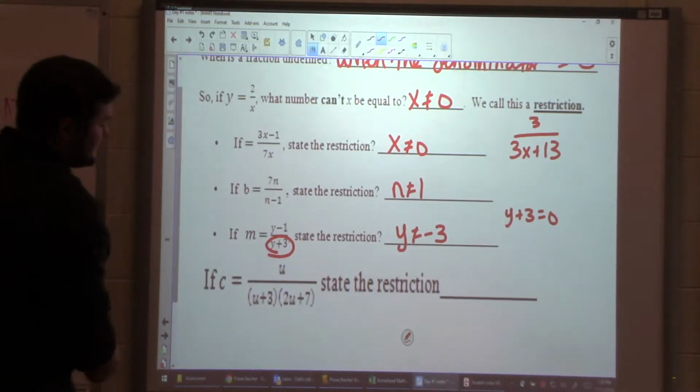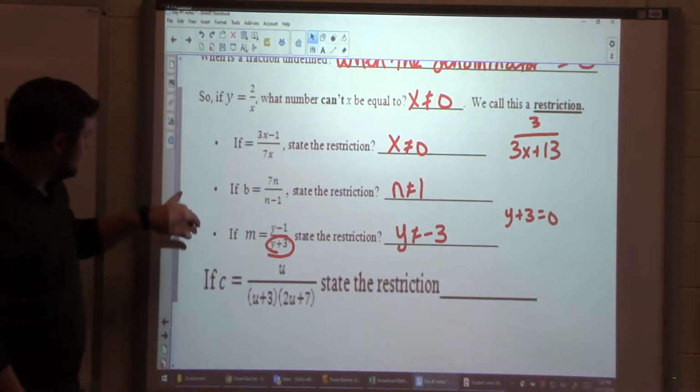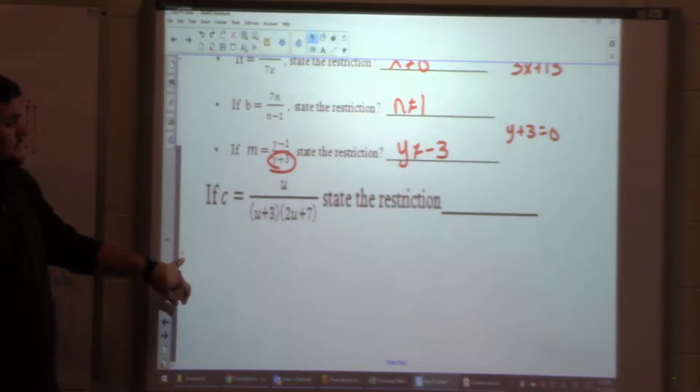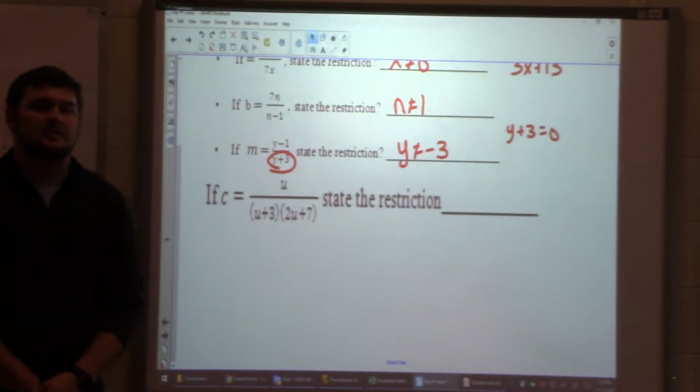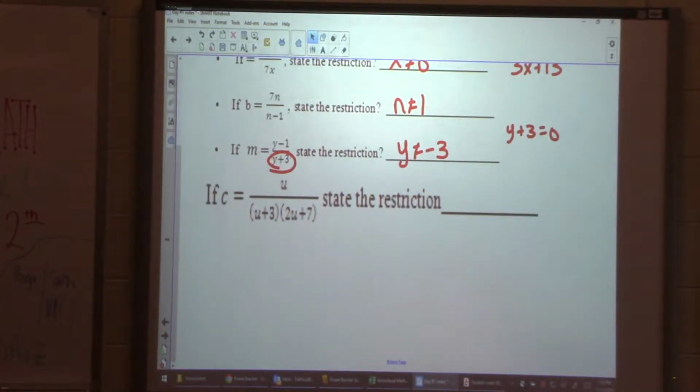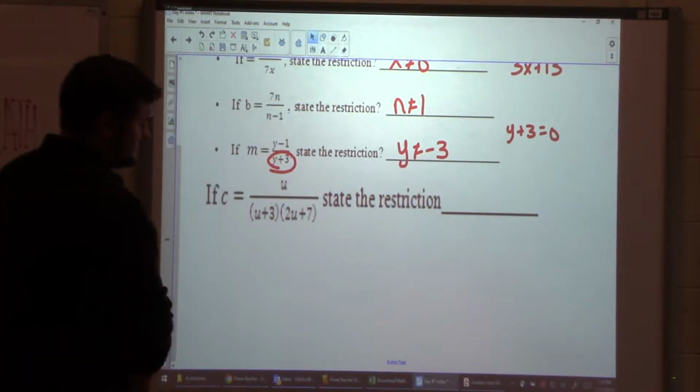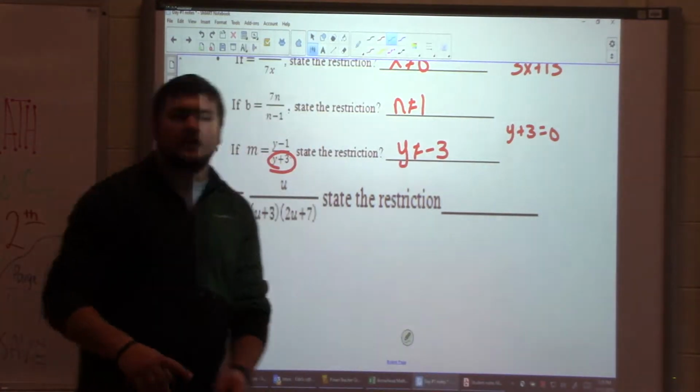What about down here? C equals u over u plus 3 times 2u plus 7. What could my restrictions be? What can u not equal? Well, let's think about it.